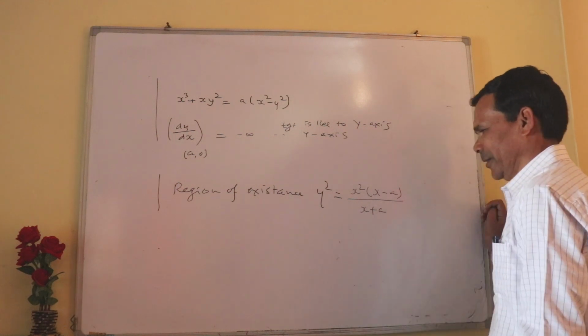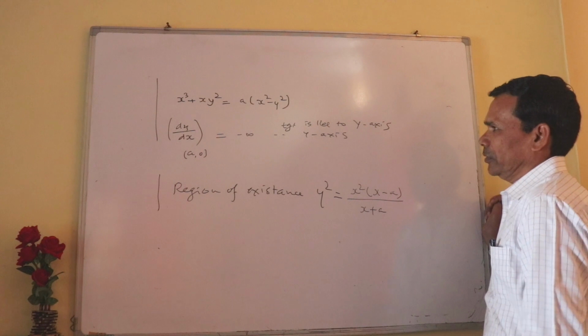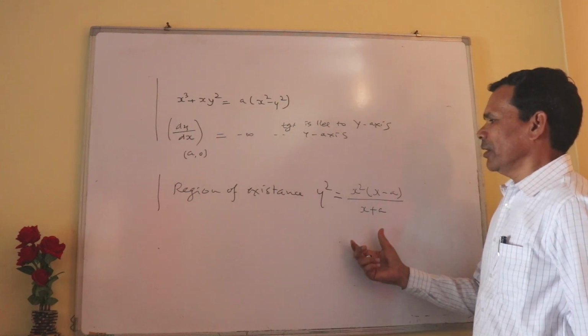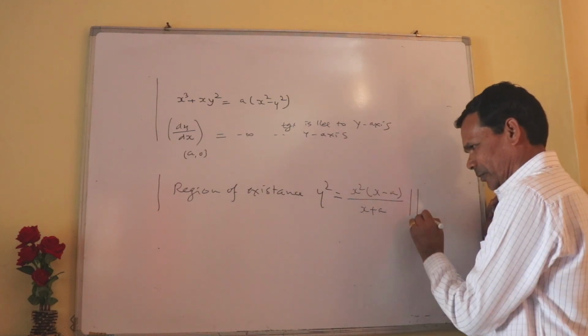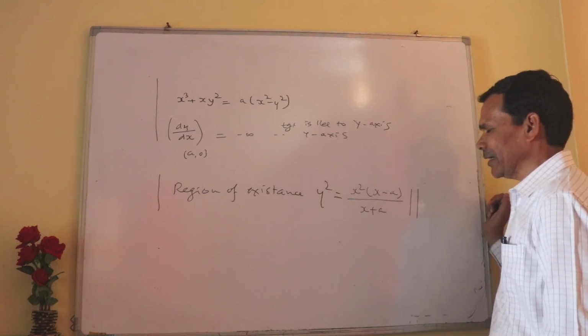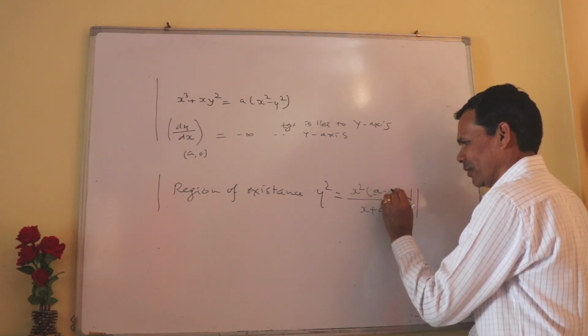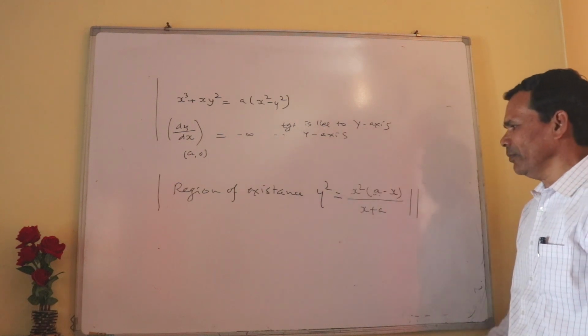Now if you observe this curve, this is the explicit form of the equation. If you observe this equation, x should be less than a, so this is the simplified form.